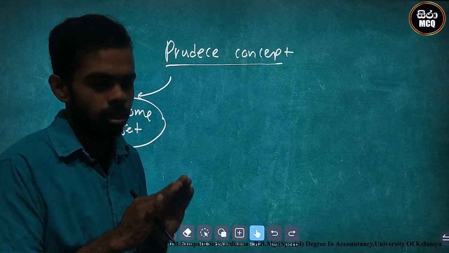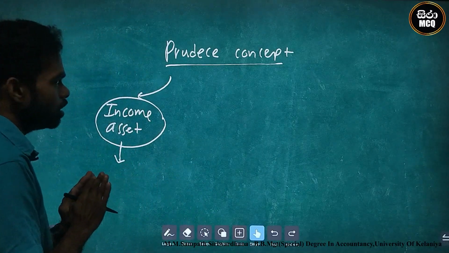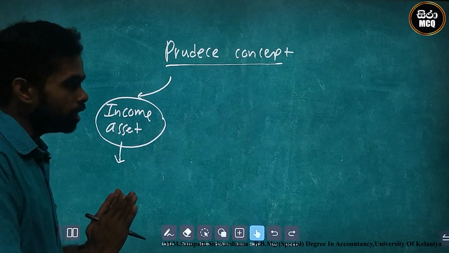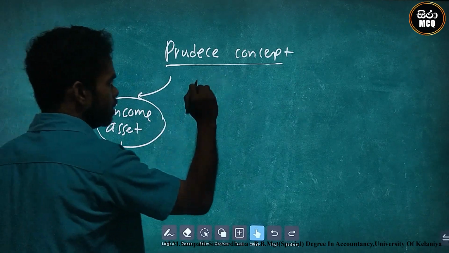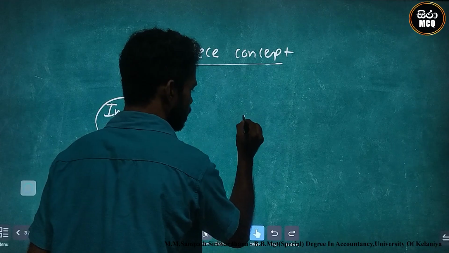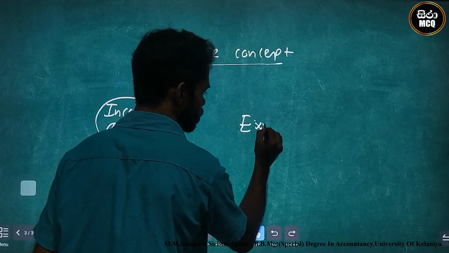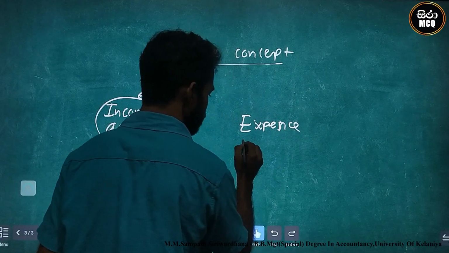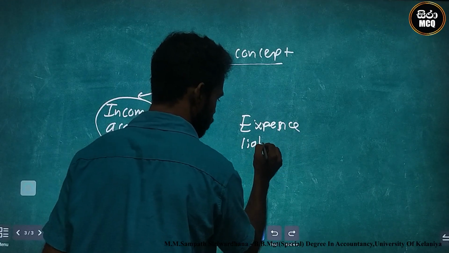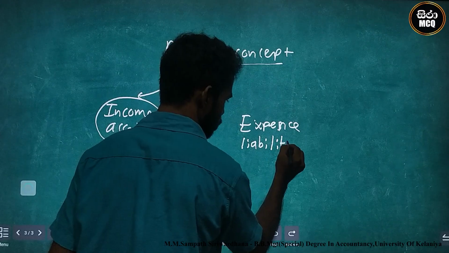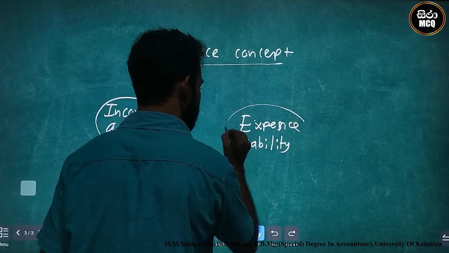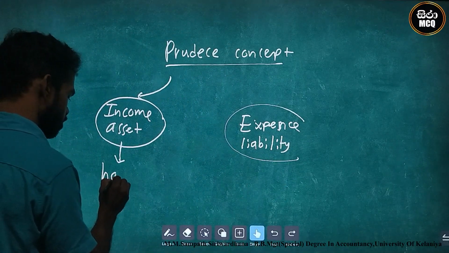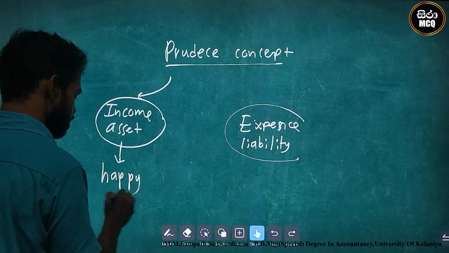We must try to identify the income and assets as undervalued. The other side is expenses and liabilities. This is the happy area, income and assets.